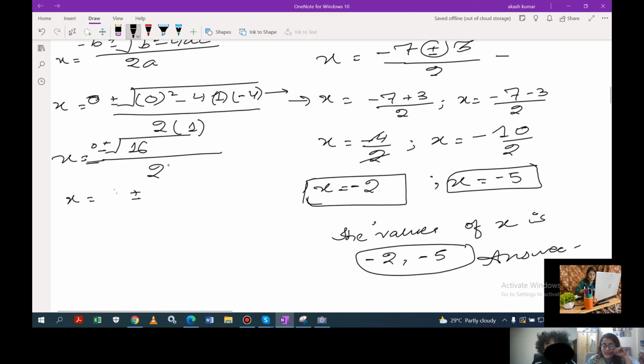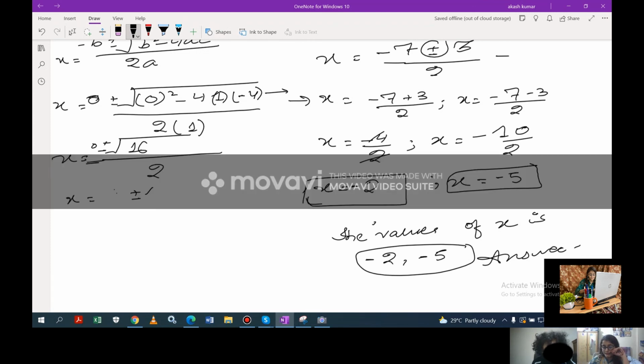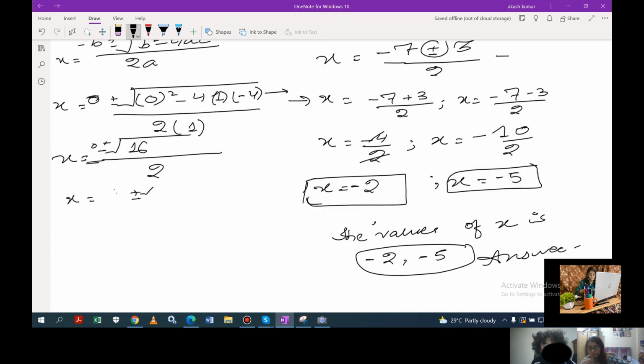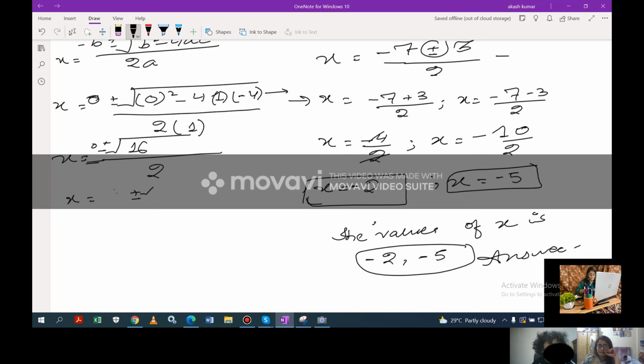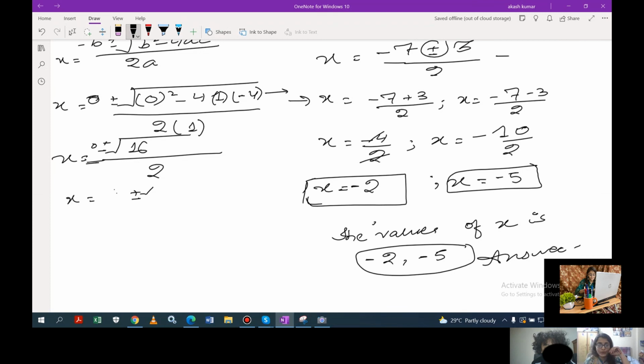So the square root of 16 is 4. Yes, it is 4.